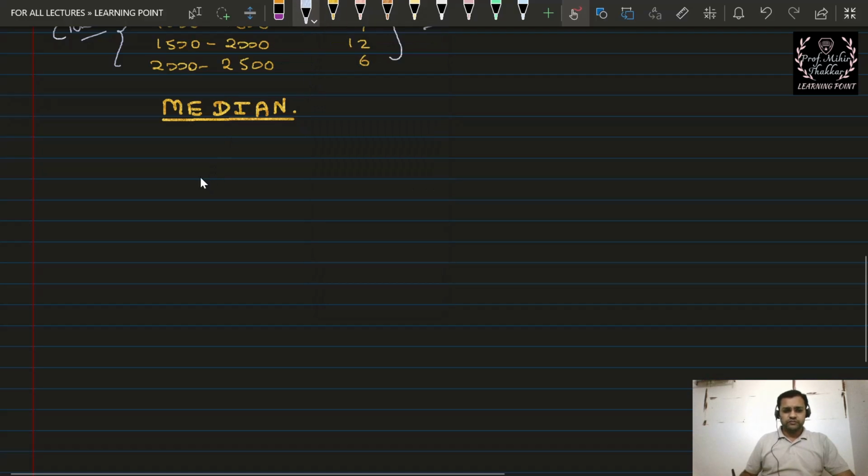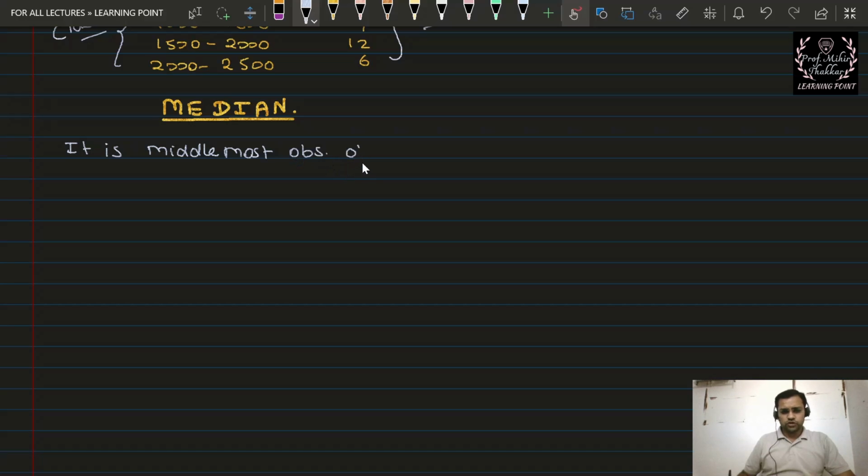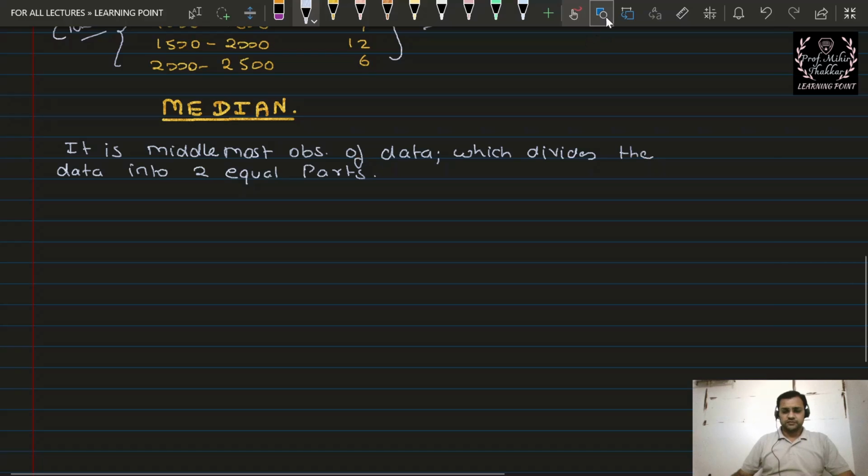Now, when we talk about the median, we say that it is the middlemost observation of data which divides the data into two equal parts.